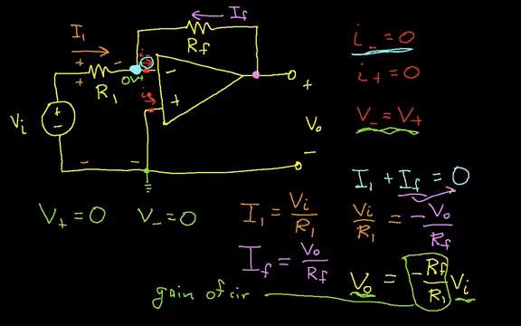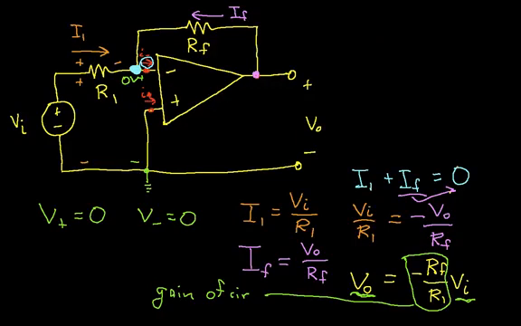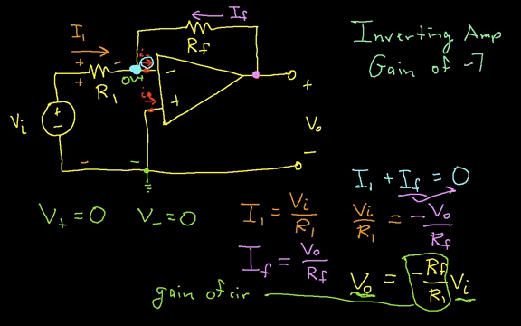Now, quite often, you won't be asked to analyze a circuit, you'll be asked to design a circuit. So suppose someone comes to you, given your extensive background in circuits, and says, I would like you to design an inverting amplifier with a gain of, say, -7.